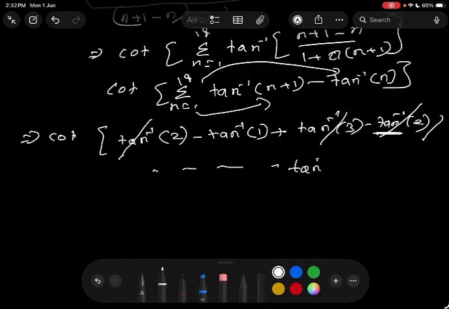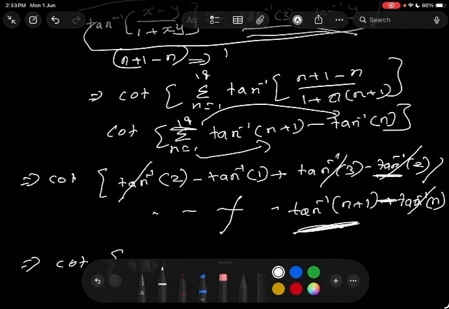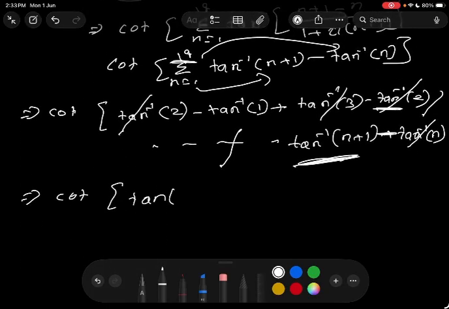It will cancel out up to tan inverse of n plus 1 minus tan inverse of n. This term will be cancelled out by that term, so this is the last term that is going to be there. You can do that by doing more expansion if you have doubt, but I think you do not. And the final n value is 19, so we are going to get tan inverse of 20 minus tan inverse of 1.